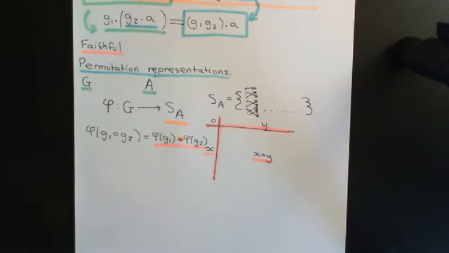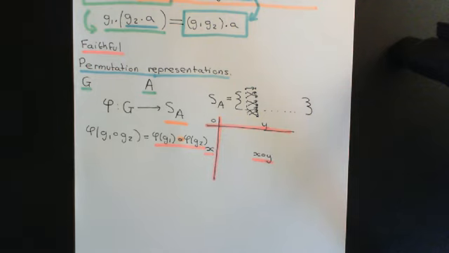This is a generalization of what we've seen previously, where we've only ever had one element of the group being associated with a single element of the set permutations of the set A. So now we can have degeneracy in this way.